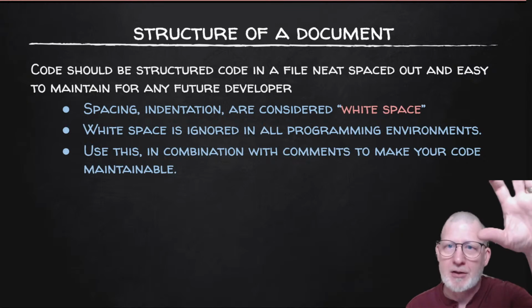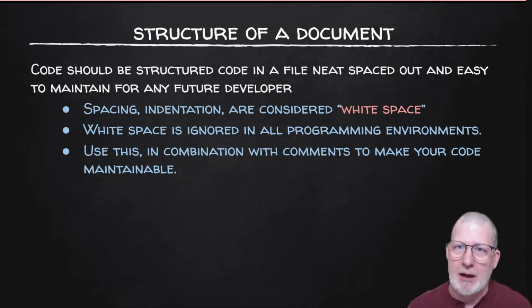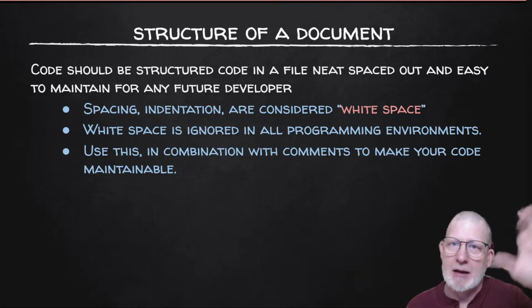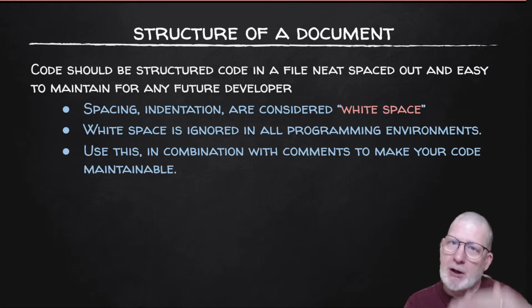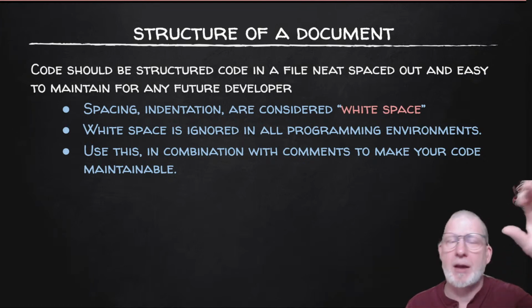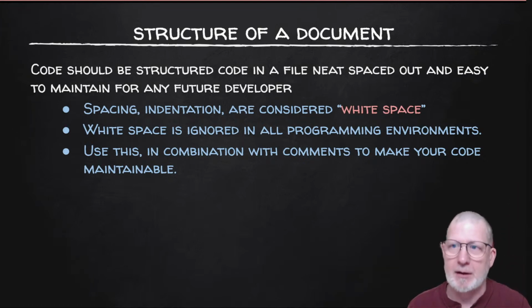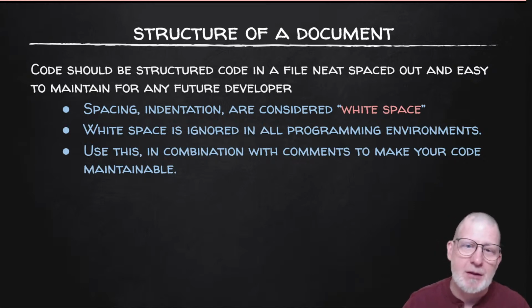If you had a header section and a main section and a footer section, you might indent those 3 blocks separately in the actual HTML file and put a couple blank lines between each one so that you can see that, oh, that's the header part, that's the main part, that's the footer part. So we can use the fact that the browser doesn't really pay attention to those characters to our advantage.